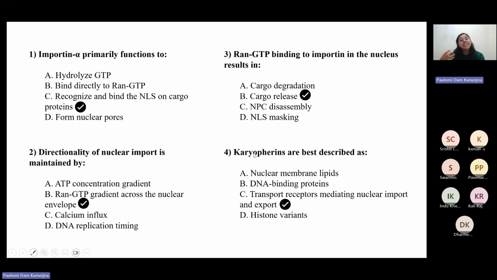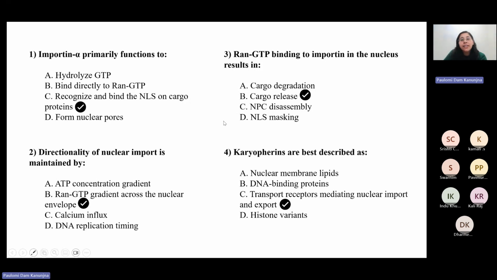Remember, GTP is high in the nucleus and GDP is high in the cytoplasm. Because GTP is high in the nucleus, the directionality is maintained. You have that break. So GTP can hydrolyze and release the importin, which can only happen inside the nucleus. That's how it has to enter the nucleus for that recycling.